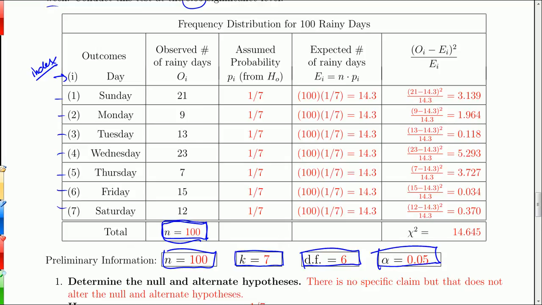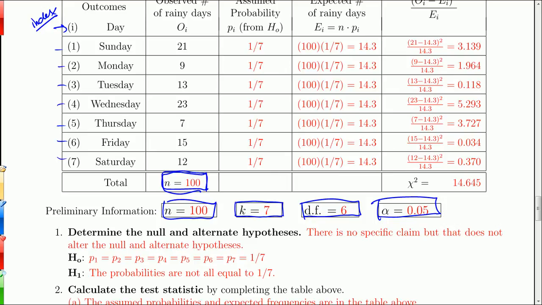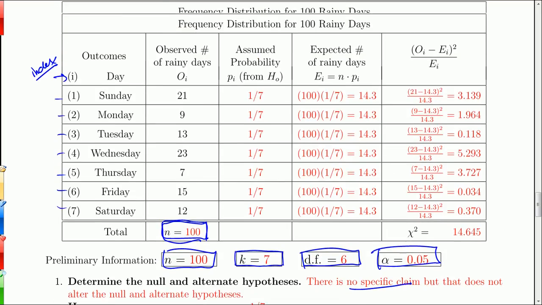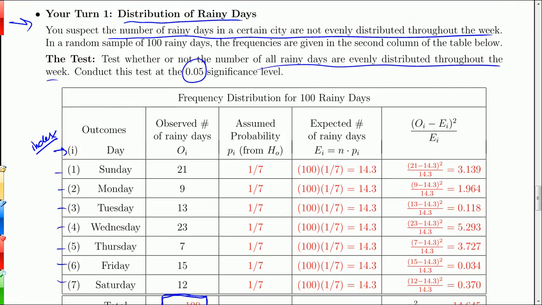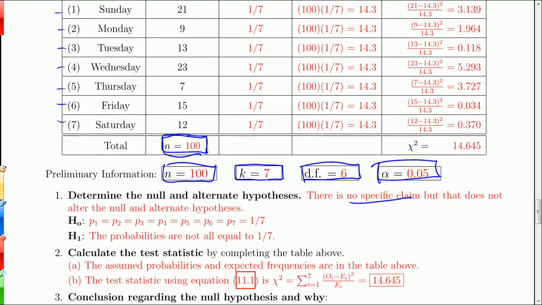Significance level is 0.05. If we want to determine the null and alternate hypotheses, there is no specific claim. Notice the way this started off: test whether or not the number of rainy days are evenly distributed. But the null hypothesis always takes on one specific form.